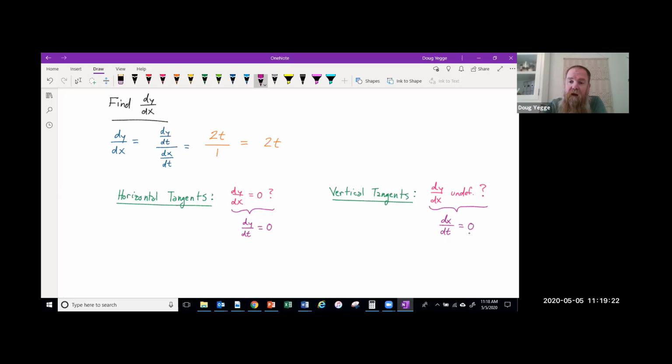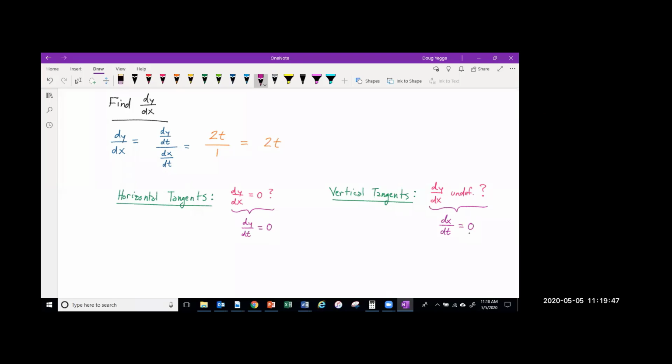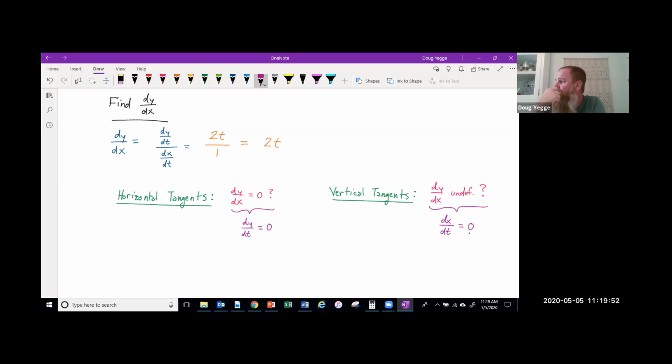The only difference is that there might be a situation where dy/dt is equal to 0 and dx/dt is equal to 0, which means they have a common factor that can cancel out, which may indicate that there's a hole, and therefore it wouldn't be defined in the first place. Would you have to incorporate L'Hopital's rule in that situation? No, because L'Hopital's rule is for finding limits, not for calculating the derivative.